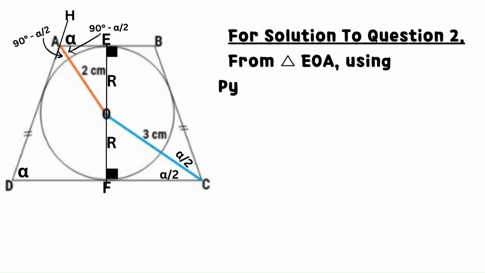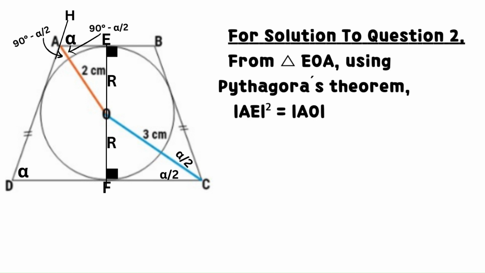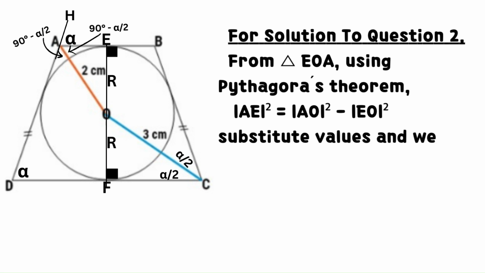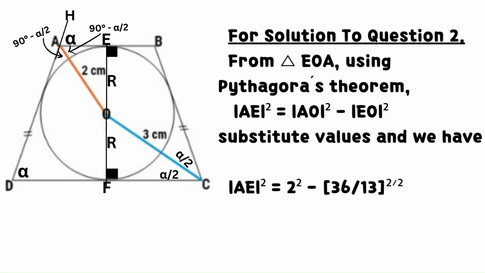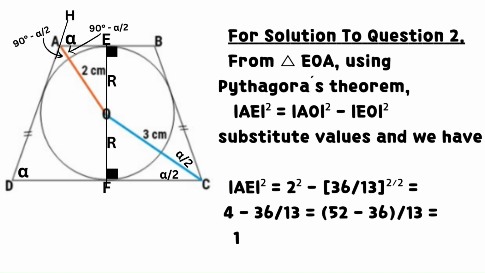For the solution to question 2. From triangle EOA, using Pythagoras theorem, the square of AE equals the difference of the square of line AO and the square of line EO. Substitute values, and we have that the square of AE equals 16 divided by 13 after simplification.